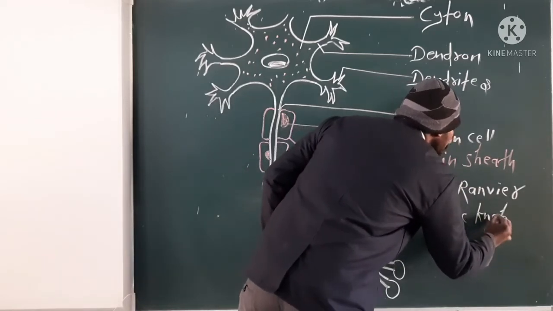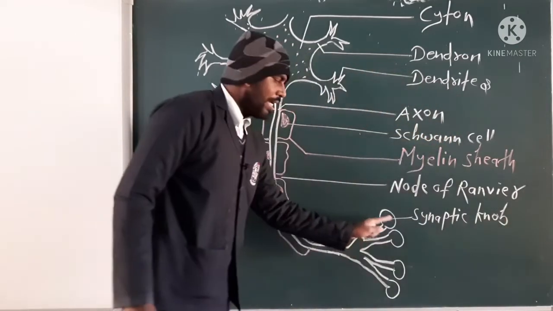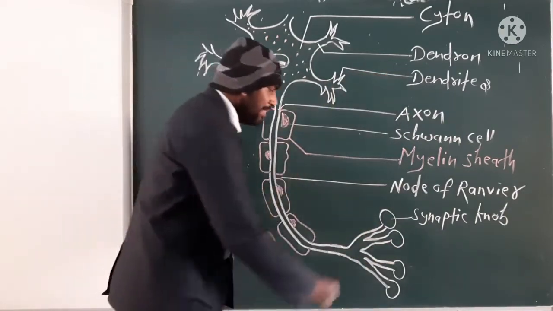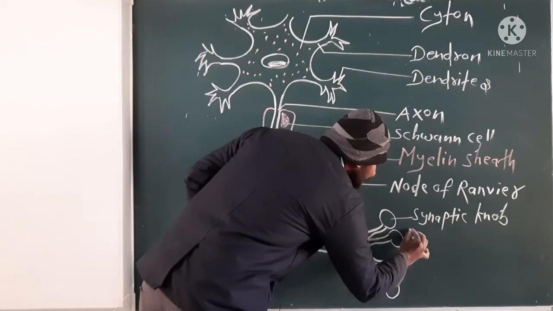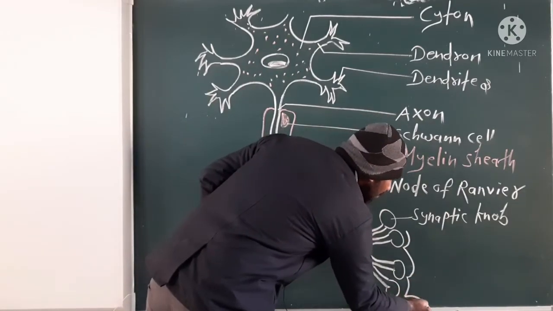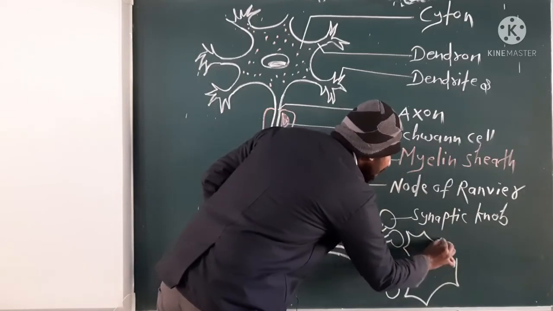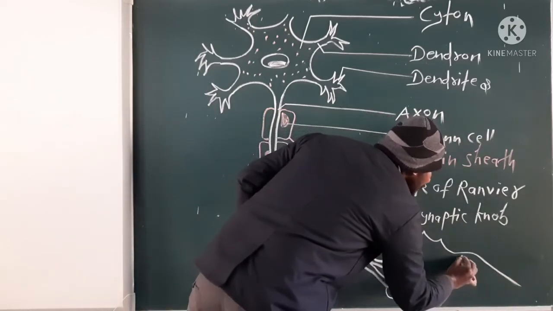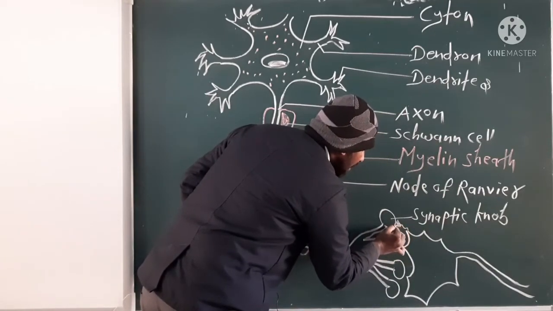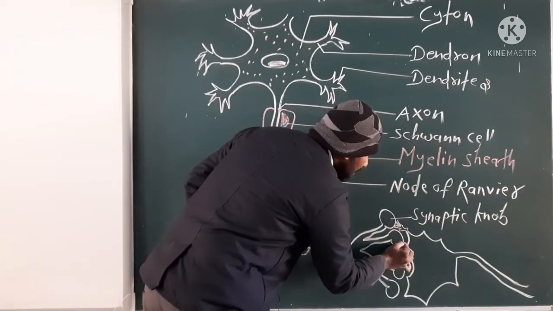These synaptic nodes provide the surface area for attachment of another neuron's dendrites, beta. That means another neuron's dendrites are going to be adjoined with this synaptic node, beta, like this. Okay, it is going to be attached like this.